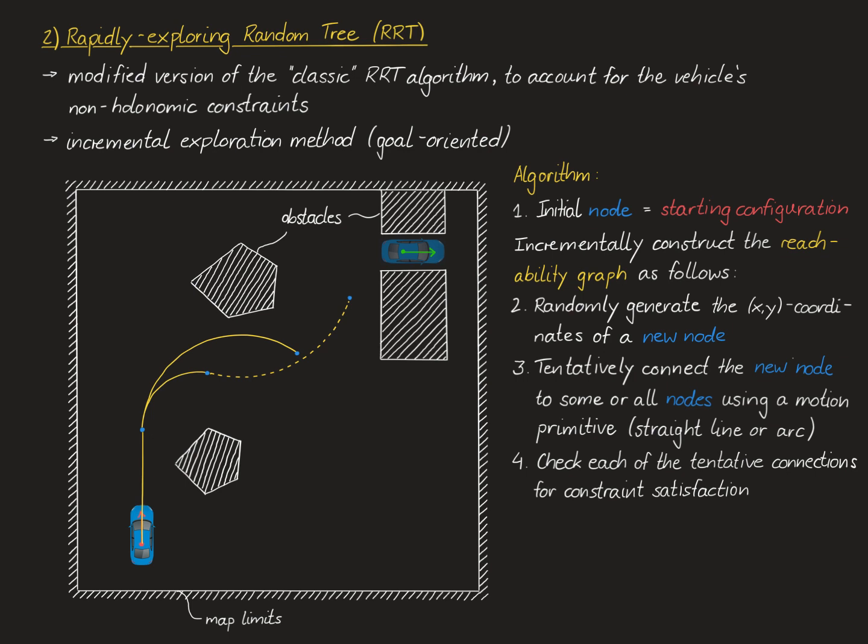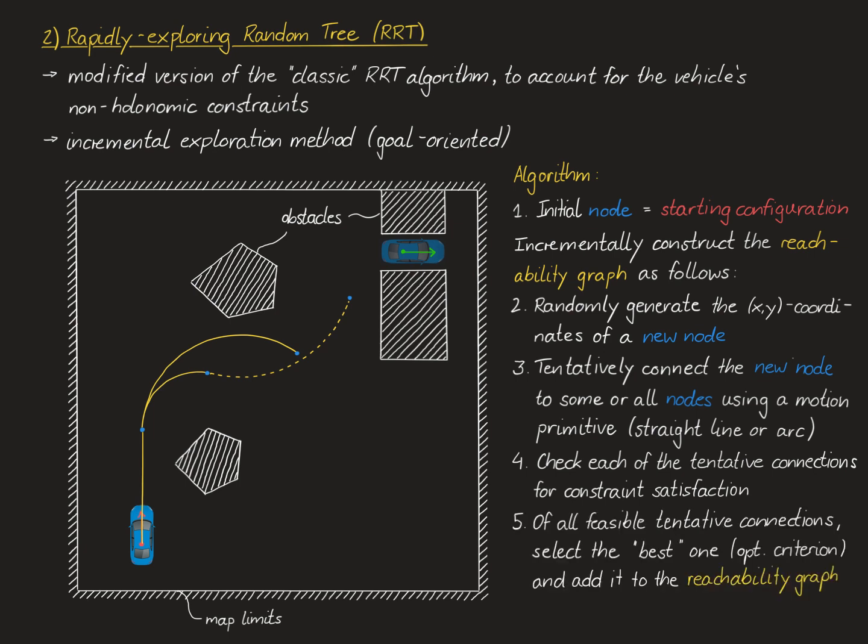If there were multiple feasible connections left, the next step of the algorithm would select the best one, meaning the one that optimizes the given planning criterion, for example, the minimum length of the path. Then we add the new node and the best connection to the reachability graph, and we proceed with step 2 again.